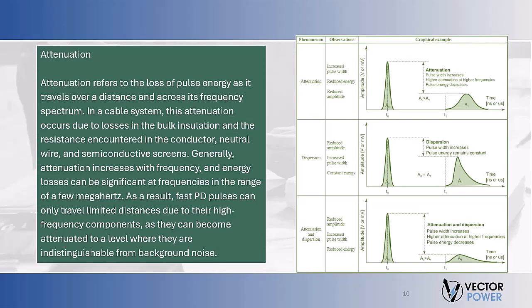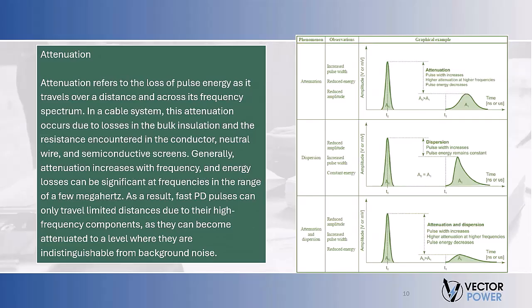Attenuation refers to the loss of pulse energy as it travels over a distance and across its frequency spectrum. In a cable system, this attenuation occurs due to losses in the bulk insulation and the resistance encountered in the conductor, neutral wire, and semiconductive screens.